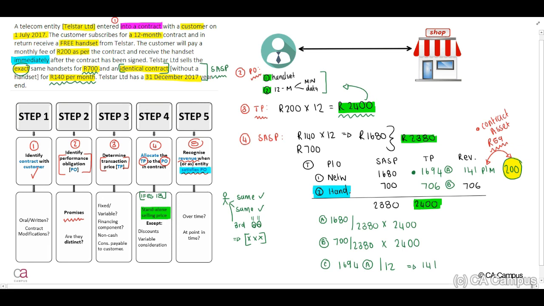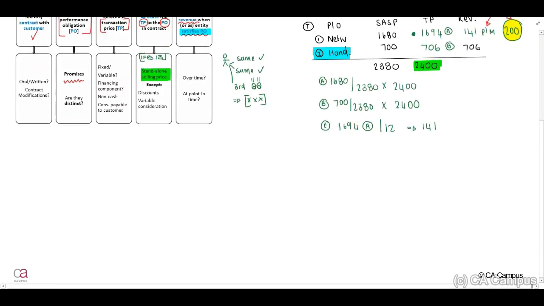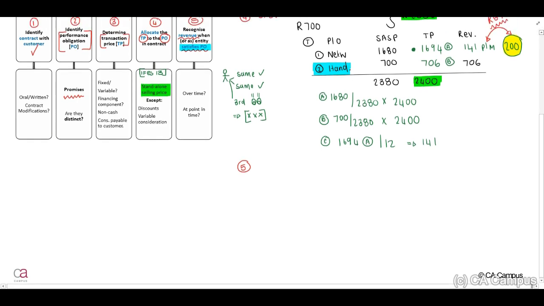Let's look at our journal entries. This will be our journal entries relating to step 5 to recognize the revenue. When you look at our table, we have identified that we may recognize the revenue in terms of our handset, the 706. Our revenue increased on the credit side, therefore we will credit our revenue in our profit and loss with a 706.